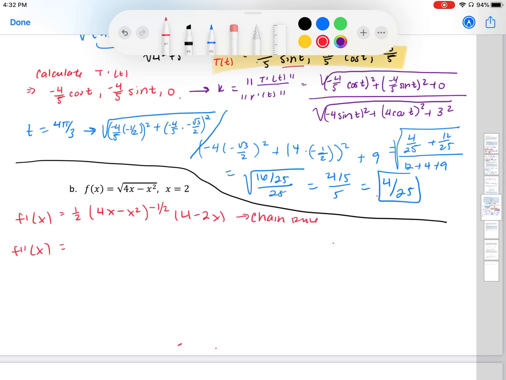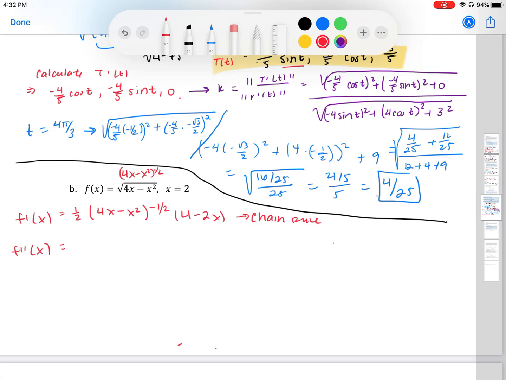If you're a bit confused how that happened, remember that chain rule. So you take the derivative, think of this as 4x minus x squared raised to the 1/2 power. You bring down your exponent, you subtract 1, so you get that negative 1/2, and then you take the derivative of the inside. All right, and then to find the double derivative, you have product rule along with chain rule all over again.